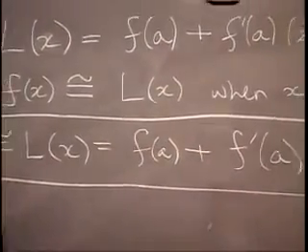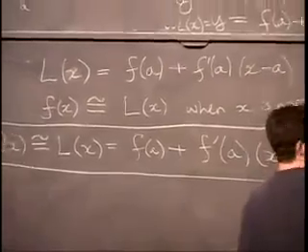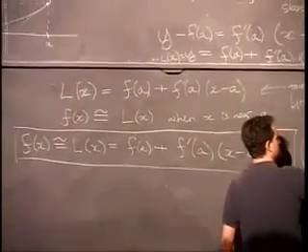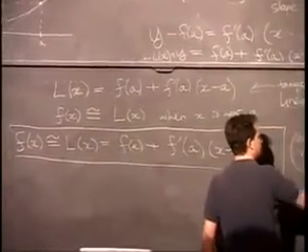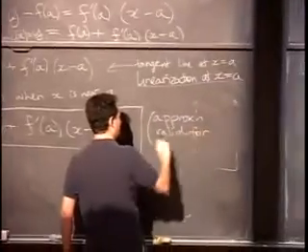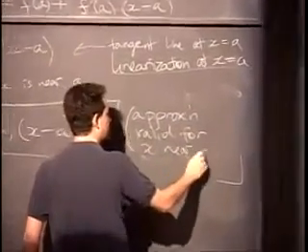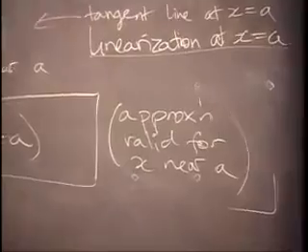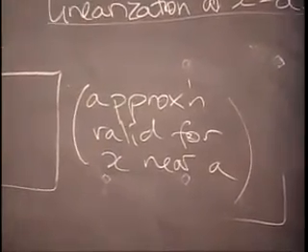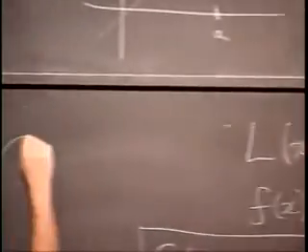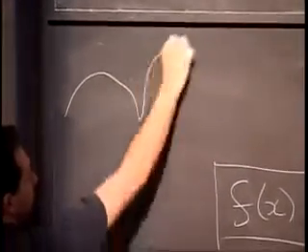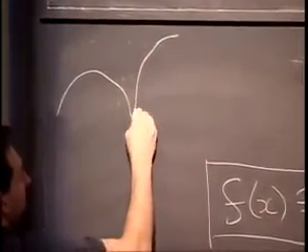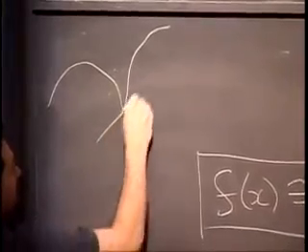There's the formula, with the understanding that the approximation is valid for x near a. Now, of course, how near depends on how rapidly the function changes. I guess you could come up with a really spiffy function that did this. Something like this, and then the tangent line would be like this.